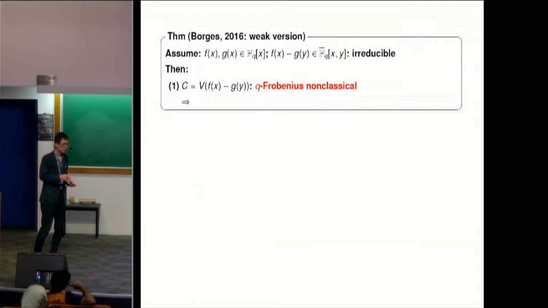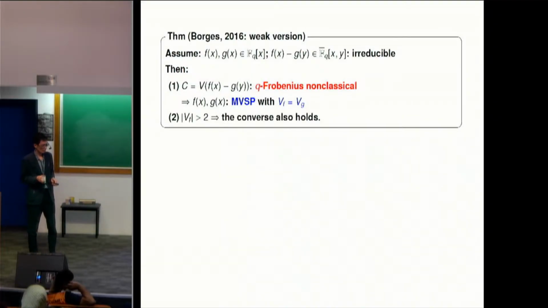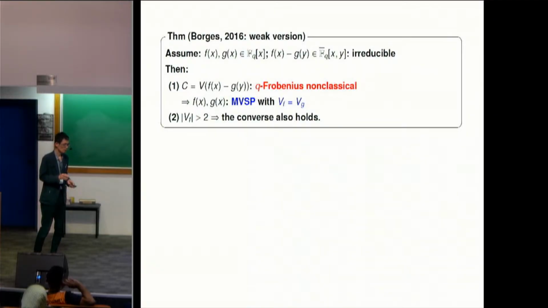If the curve defined by f(x) minus g(y) is q-Frobenius non-classical, then f(x) and g(x) are MVSP with the same value set. When the value set contains at least three elements, then the converse also holds.